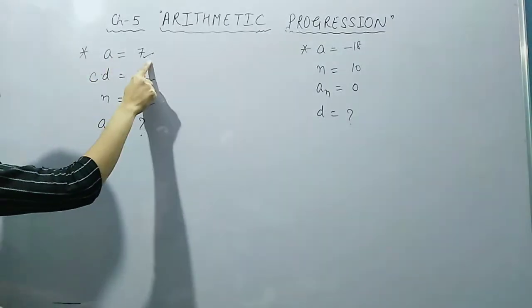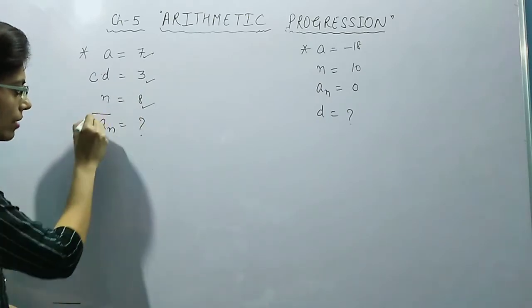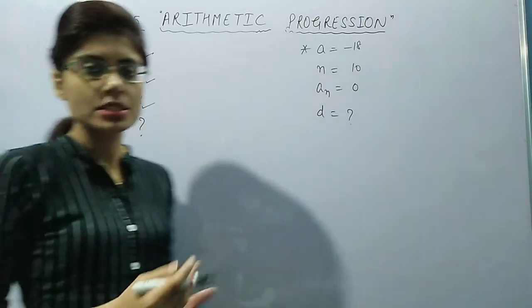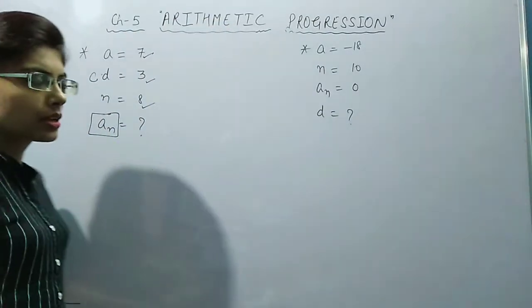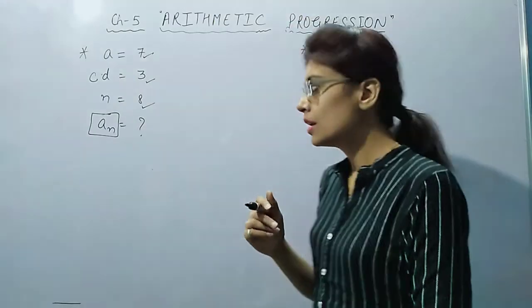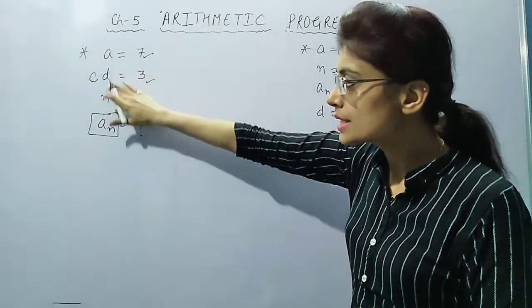Now here first term is given, common difference is given, n is also given. And what we have to find? an. an means nth term. Nth term we have to find. Now we shall be revising in mind which formula contains all these terms.